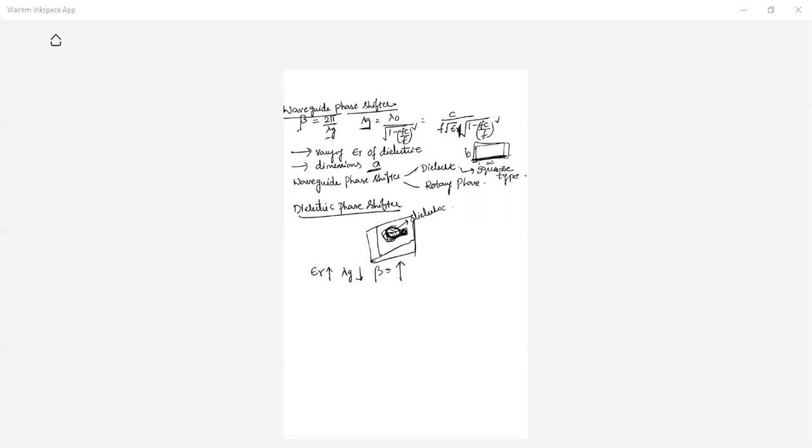Okay. Another type of phase shifter is also available, that is the squeeze type. What is meant by squeezing? Anybody? What is the general meaning of squeezing?